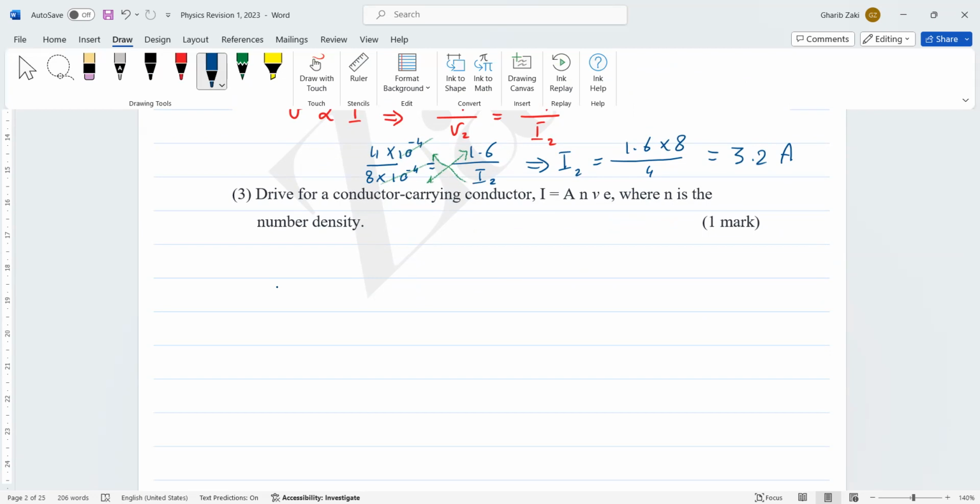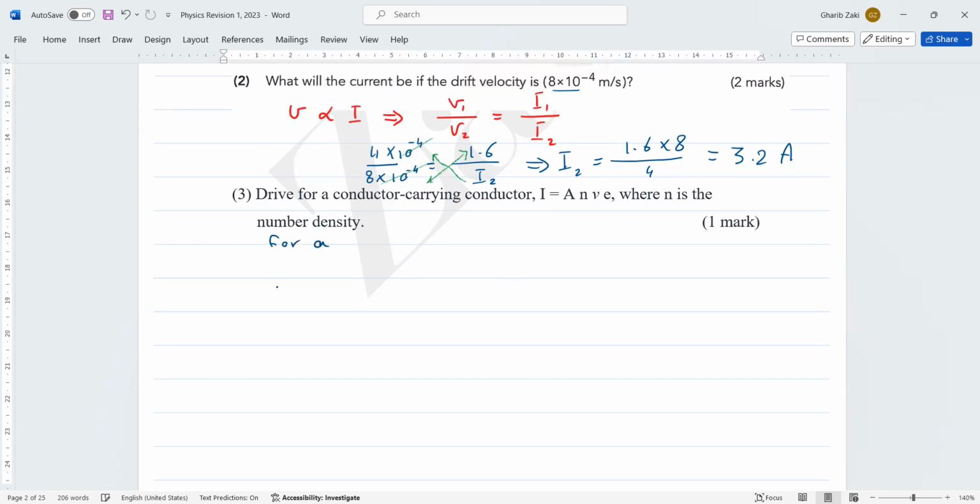We say for a volume of conductor V, it is the cross-section area multiplied by the length.